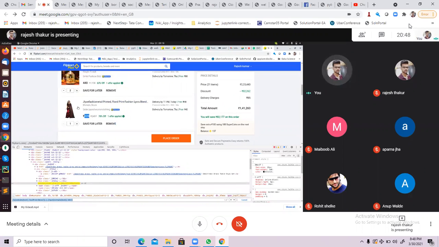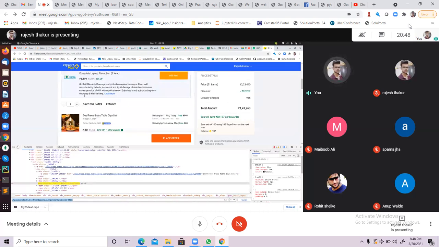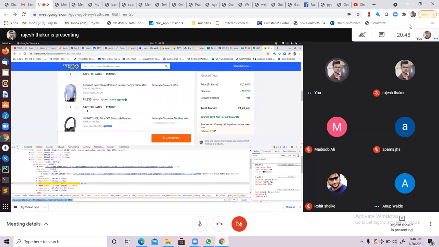Maybe they can write 539 rupees for this laptop, then the company will go in the hill, right? So in order to overcome this kind of problem, we have to go with the dynamic element XPath. We have to first identify this parent, and with this parent we have to identify this amount. Understood? Hope I cleared your doubt.